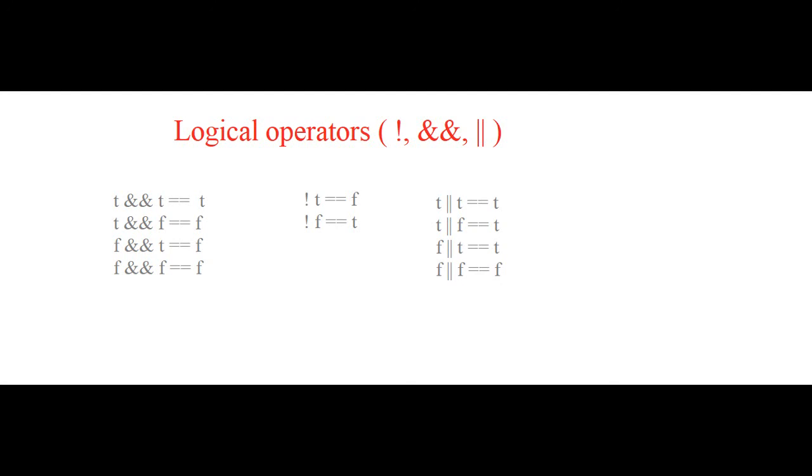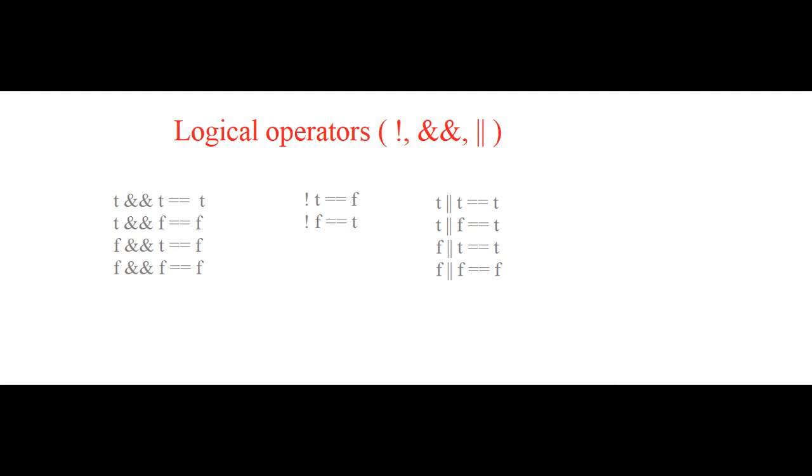For instance, true and true is equal to true. True and false is equal to false because we don't have both sides equal to true. False and false is equal to false because both are false. False and true is equal to false again. Now, like we have just said, the opposite of true is equal to false. The opposite of false is equal to true.